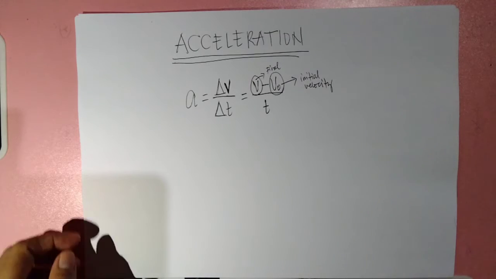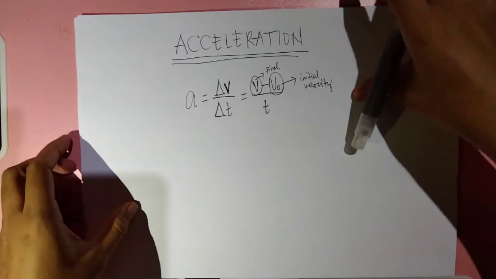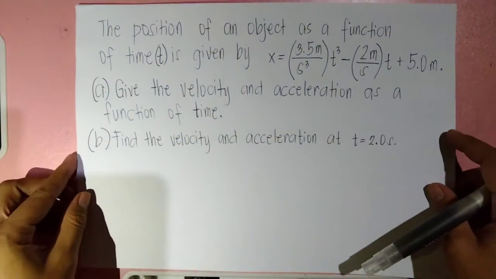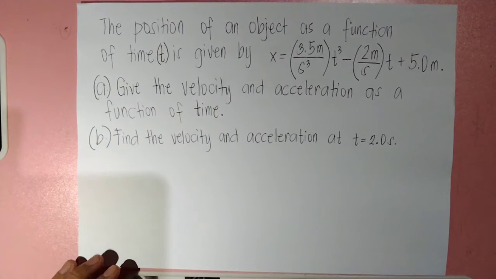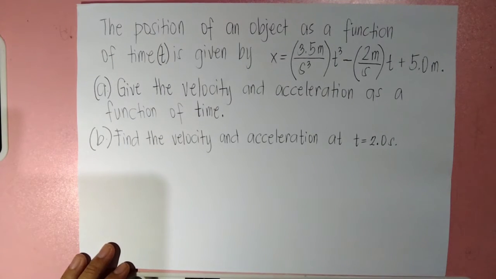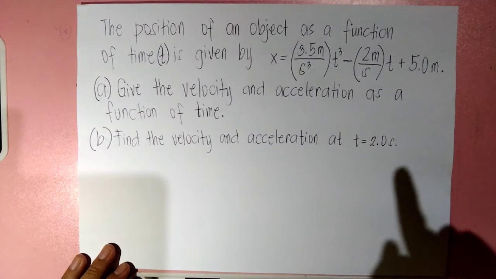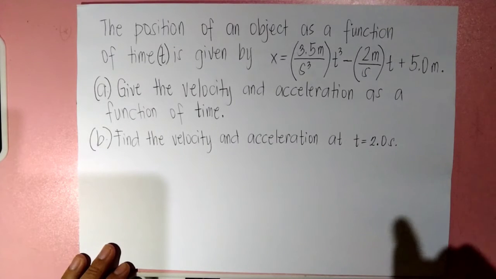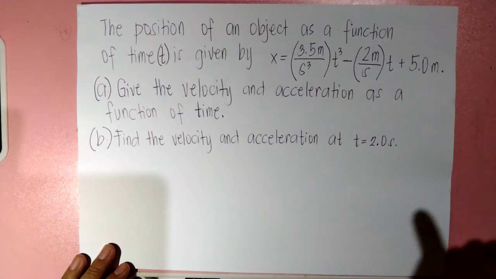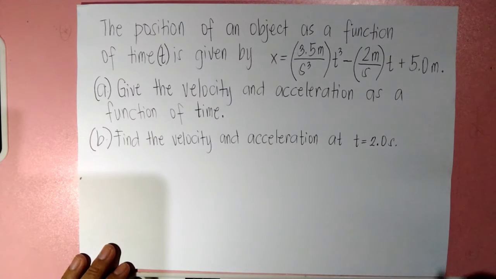Okay, so we will proceed directly to sample problem 3.4. Sample problem 3.4 states that the position of an object as a function of time t is given by x equals 3.5 meters per second cubed times t cubed minus the quantity of 2 meters per second times t plus 5 meters.